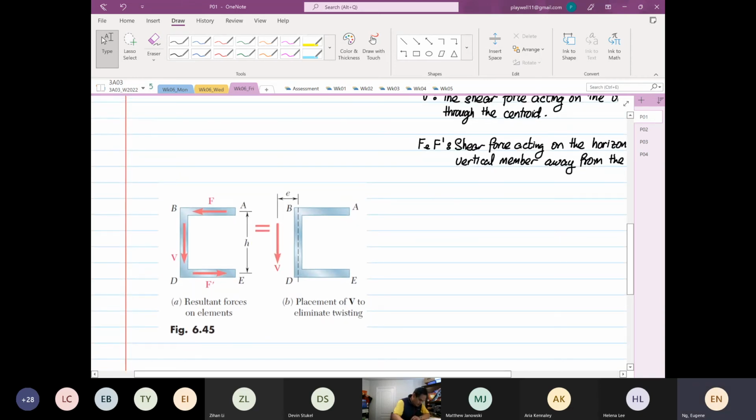I want you to look at this diagram. I'm going to draw our centroid. This is our point C.